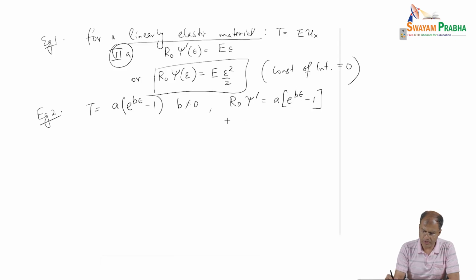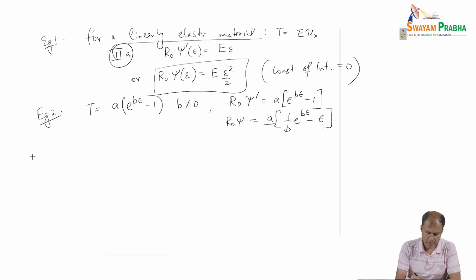And then we see that R naught psi, when integrated, is going to give us A by B times (1 by B times e to the power B epsilon, minus epsilon).